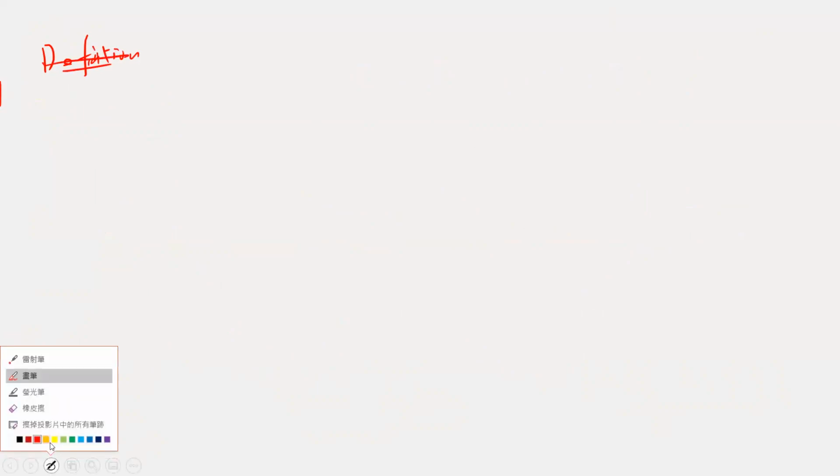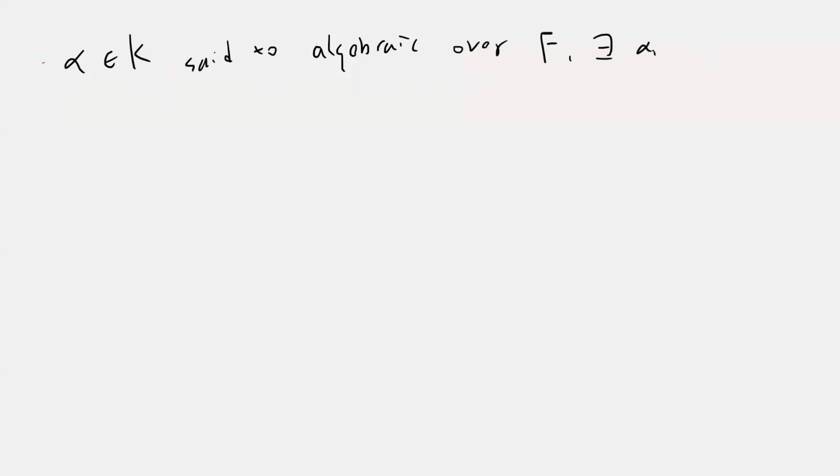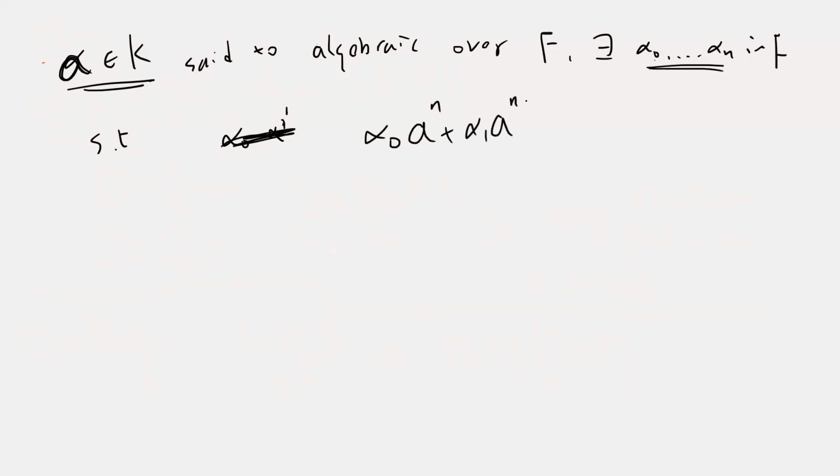Let's be careful. If a belongs to K, a is said to be algebraic over F if there exist elements alpha 0 up to alpha n in F such that alpha 0 a^n plus alpha 1 a^(n-1) plus ... plus alpha n equals 0.